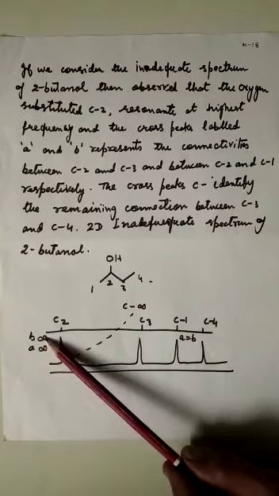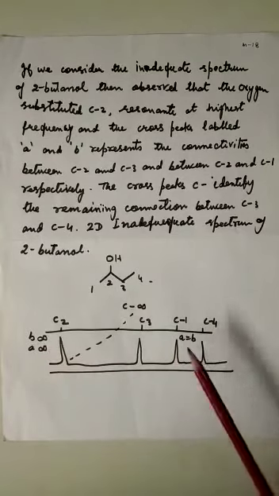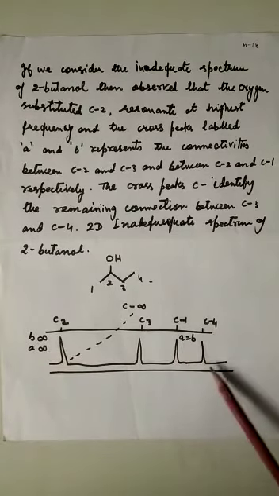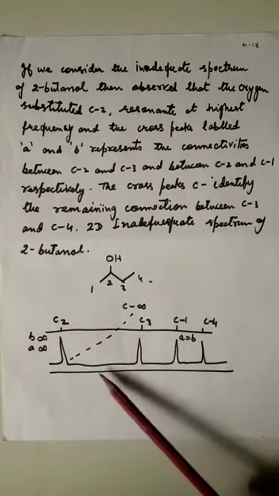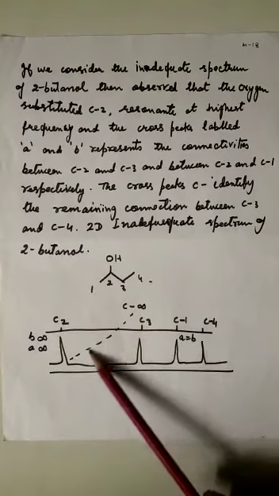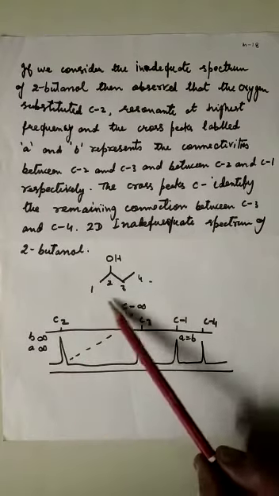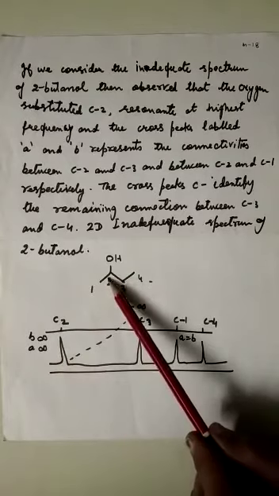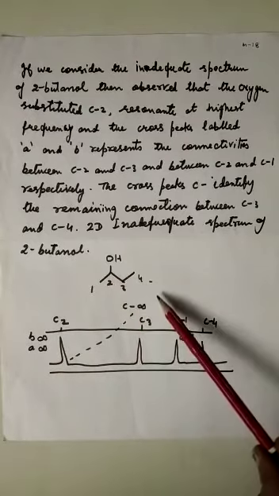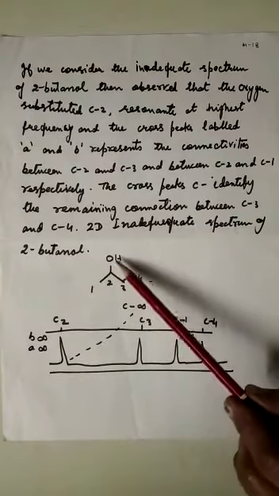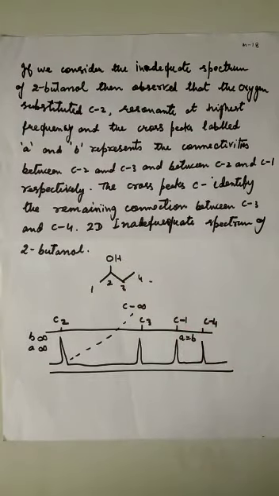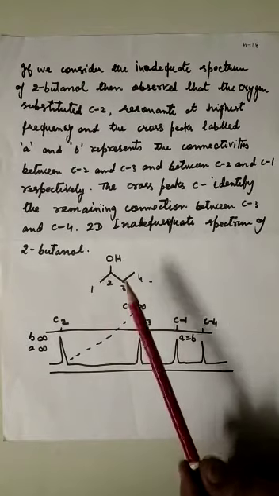That is the B infinity and A infinity. If A is equal to B, then you will have 4 signals, and you will have a diagonal relation of C2 with C3 and this side. So this is the 2D INADEQUATE spectrum of 2-butanol.